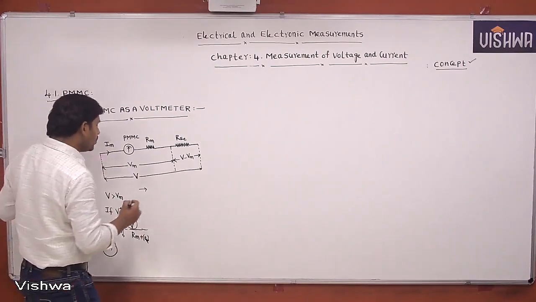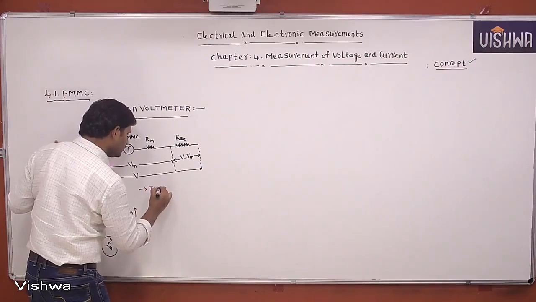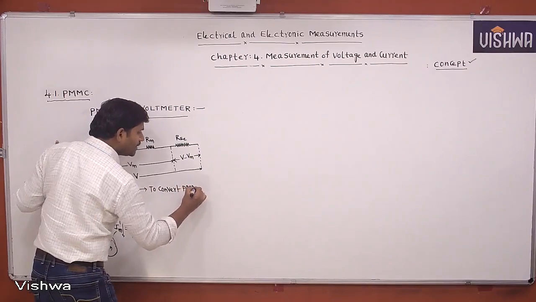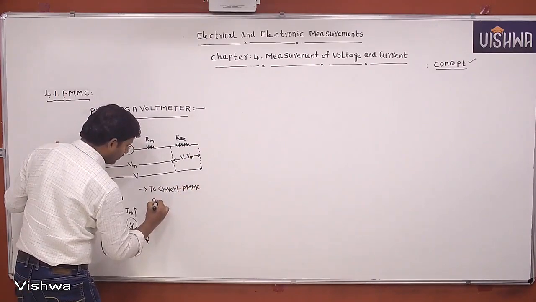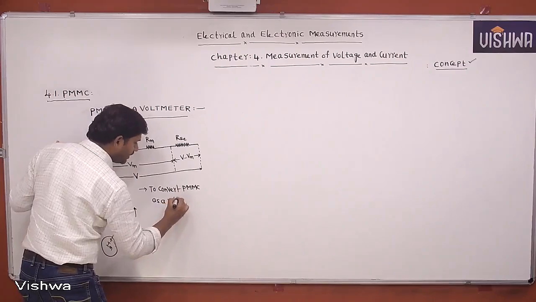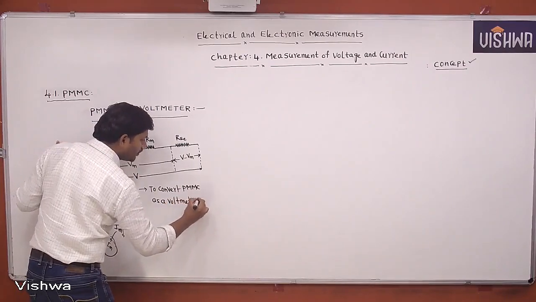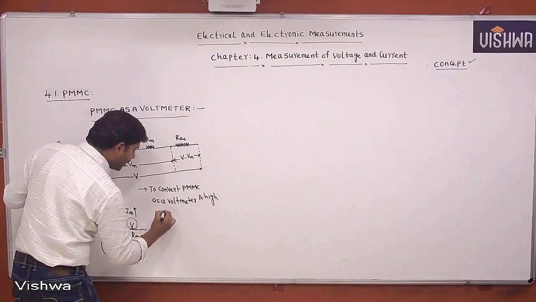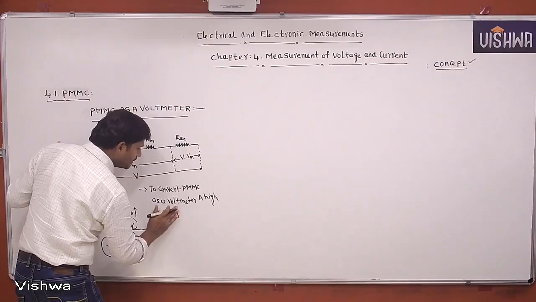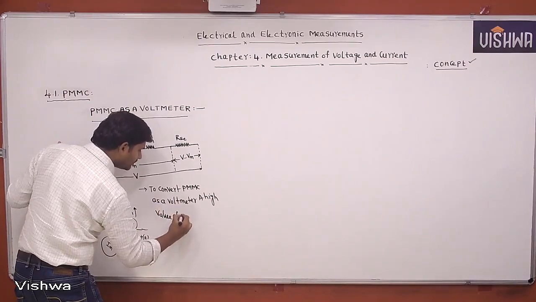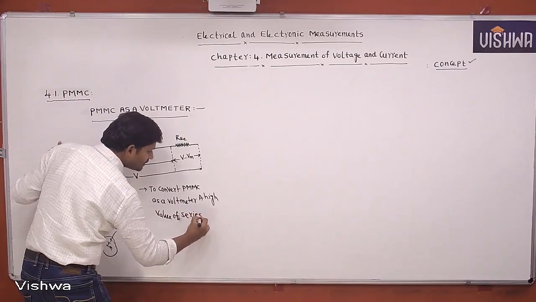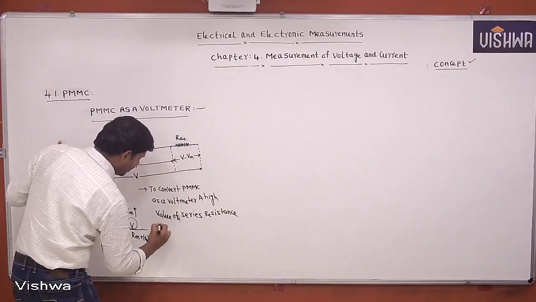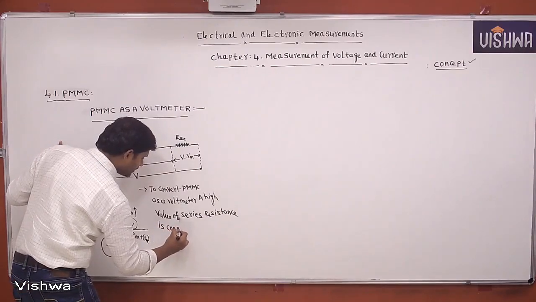That's why to convert PMMC into a voltmeter, a high value of series resistance is connected.